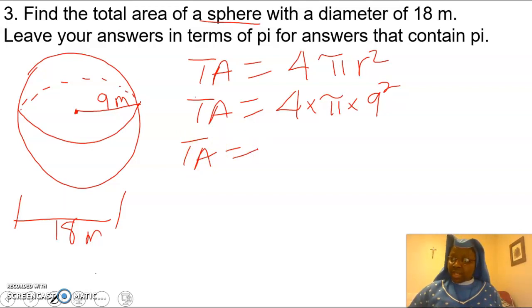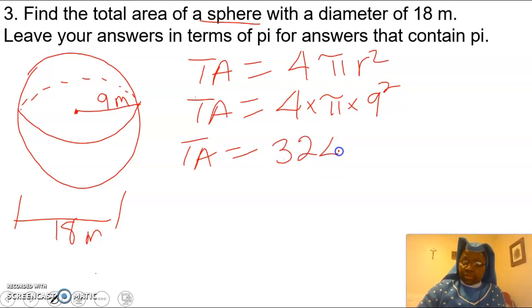So 9 squared is 81, and 81 times 4 is 324 pi, and it's square meters.